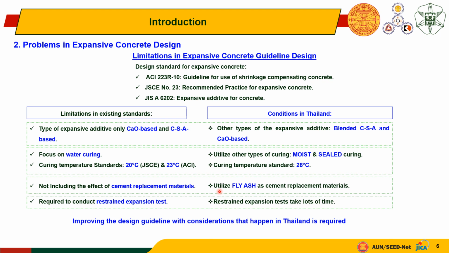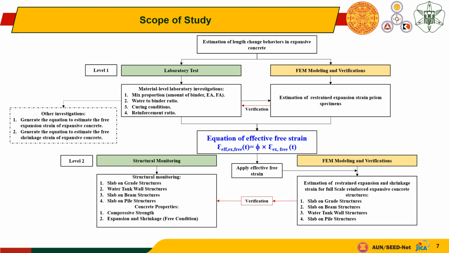However, almost all concrete structures in Thailand utilize fly ash as a cement replacement material. So based on these limitations, we need to improve the design guideline with consideration of conditions in Thailand.